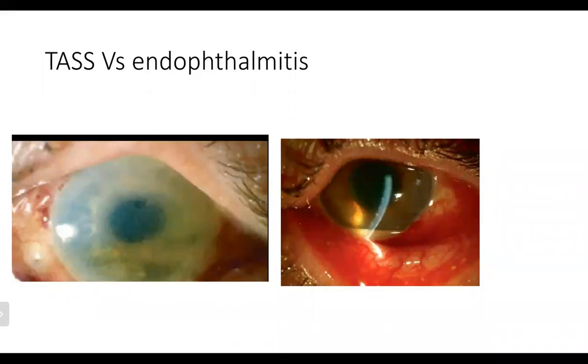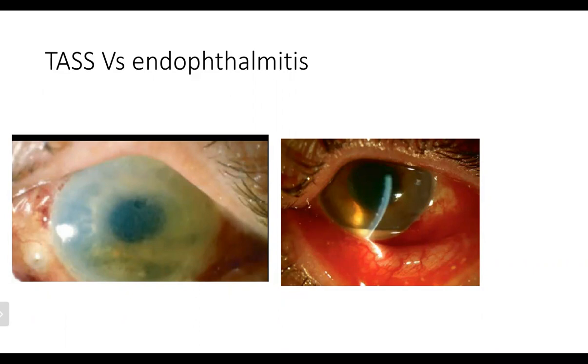And then on examination, patients with toxic anterior segment syndrome present with corneal edema, limbus to limbus corneal edema. Patients with endophthalmitis too do have corneal edema, but usually not as marked as that in TAS, because the corneal edema from TAS is usually from the effect of toxins on the endothelium.